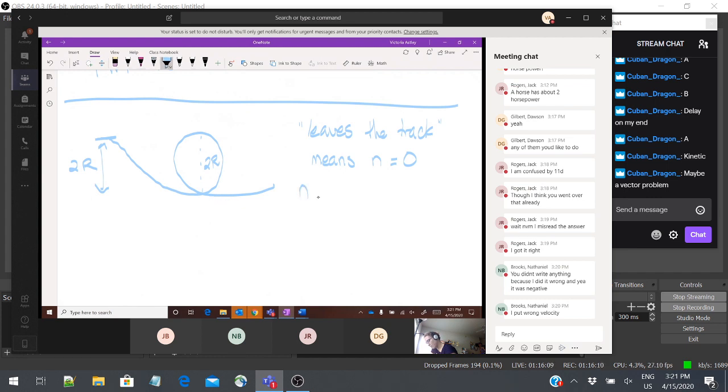It's upward right here, inward right here, inward right there. At any given point, it has a normal force going inward and a force of gravity pulling down.